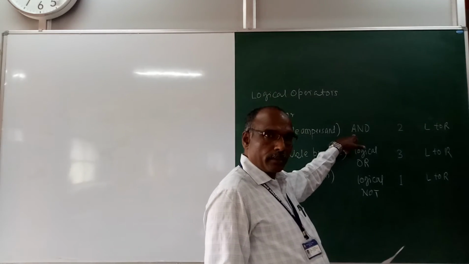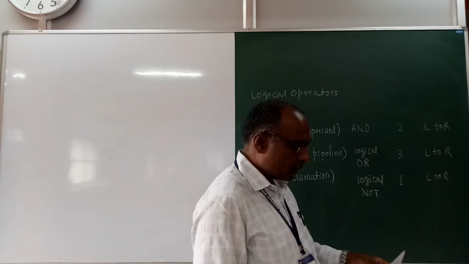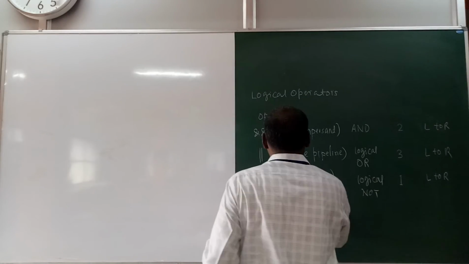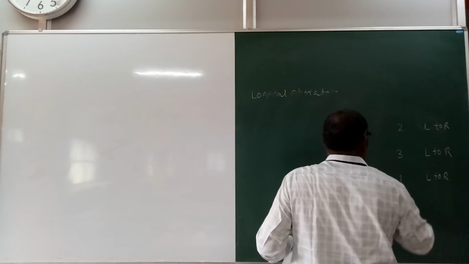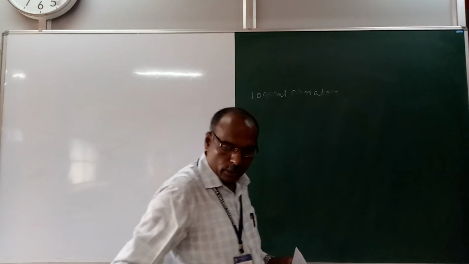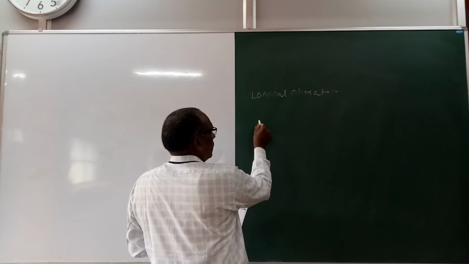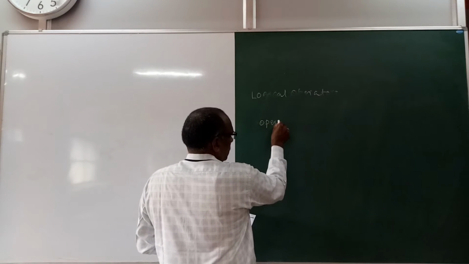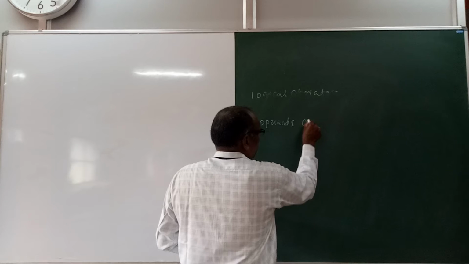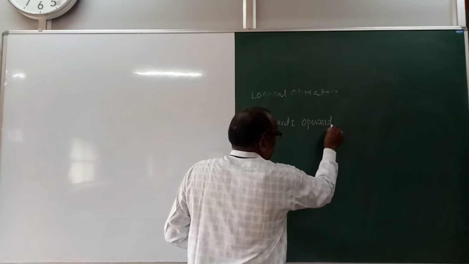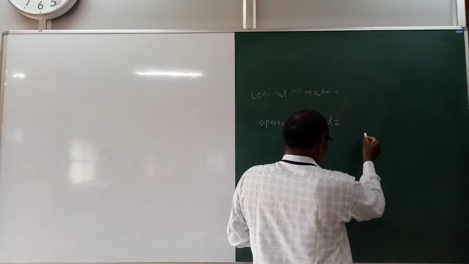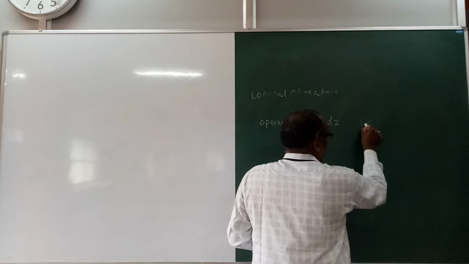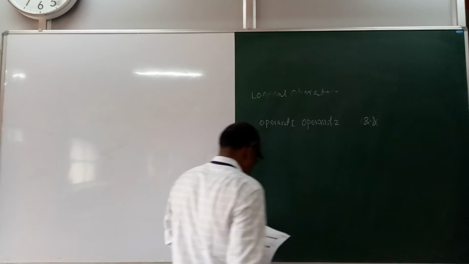So they have a truth table. I'll write the truth table of the AND operation here. These are inputs A and B, or operands. In C language we will write operand 1, operand 2, that is value, and then the ANDing.